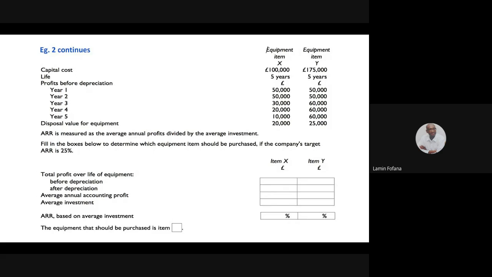I'll have as my first column my details, then I'll have item X and item Y. I'm just going to duplicate this and change the X to Y.